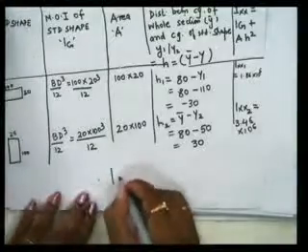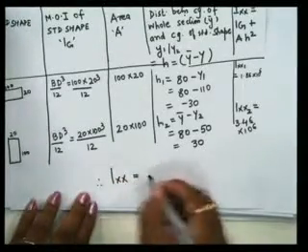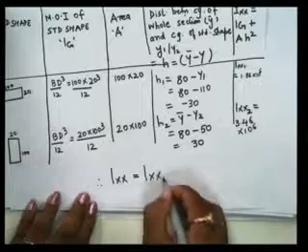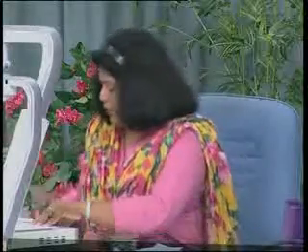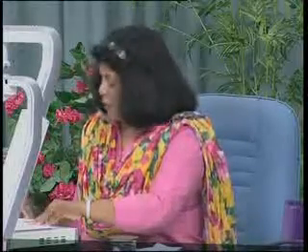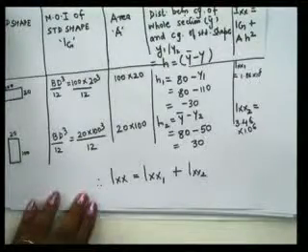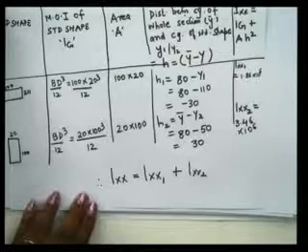Therefore Ixx is equal to Ixx1 plus Ixx2.